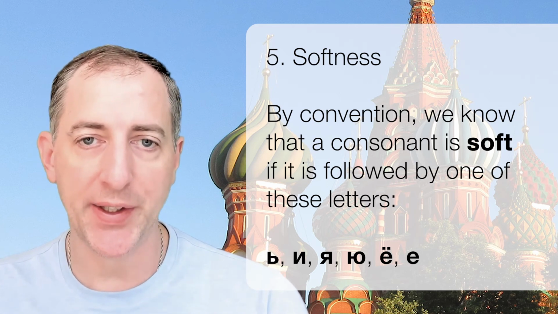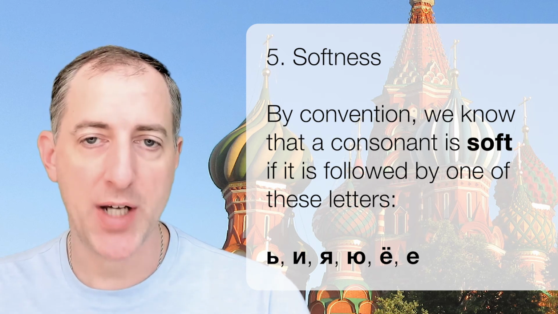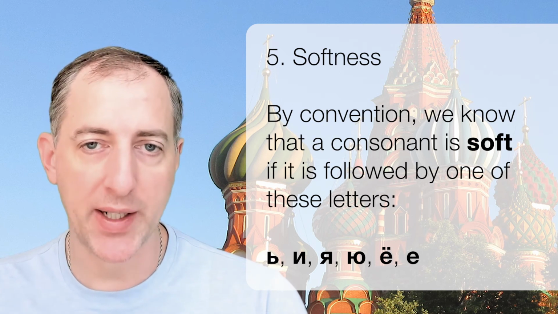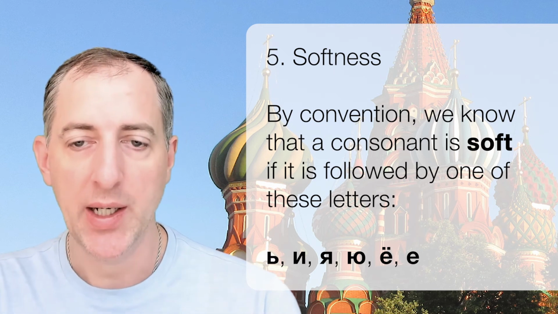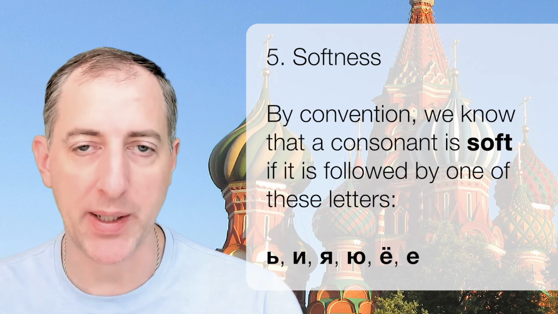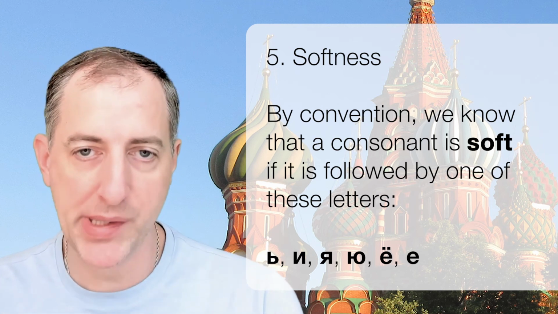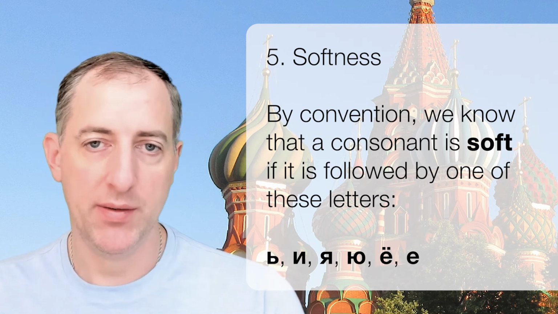E, Y. E, Y. I didn't mention yesterday that even though it's I kratkaya, we can think of it as like English Y. If Russians are speaking very clearly, you may hear this sort of rasping sound. You can probably hear that, right?